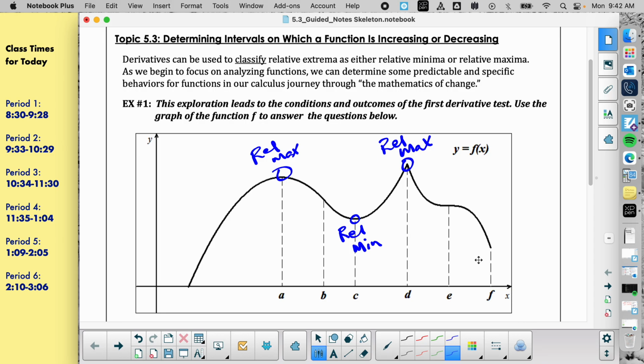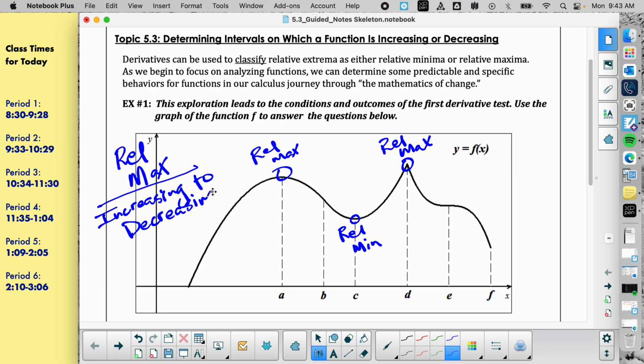So the way we're actually going to look for relative maxes, I don't care where you want to write this down: a relative max is specifically when your function changes from increasing to decreasing. Now, increasing and decreasing, honestly, isn't really the best verbiage either.